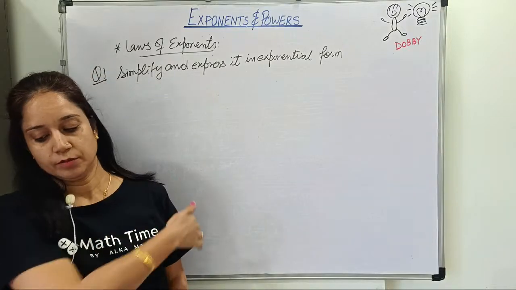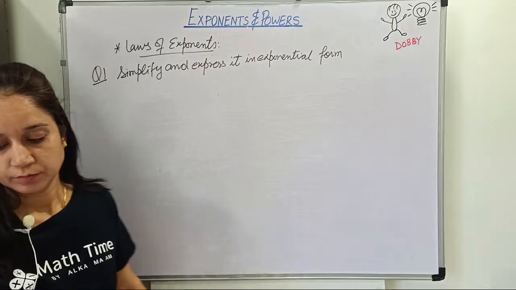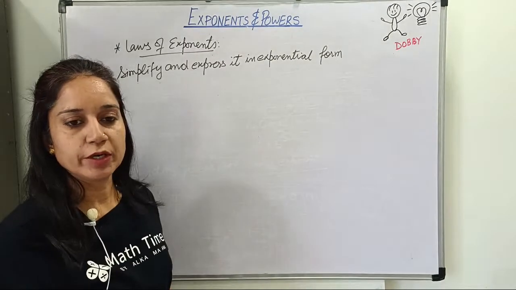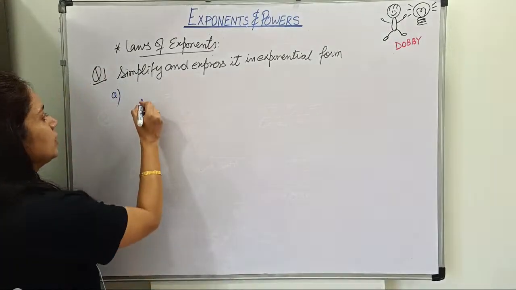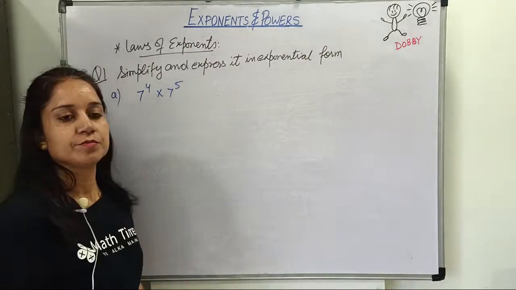This is the question. First part, let us start from the simpler, then we will go to the complex, okay? 7 raised to the power 4 multiplied by 7 raised to the power 5.